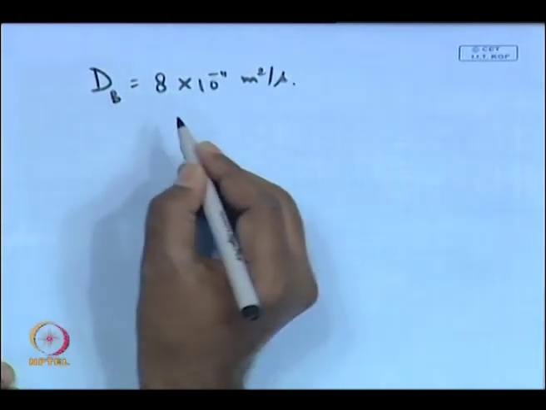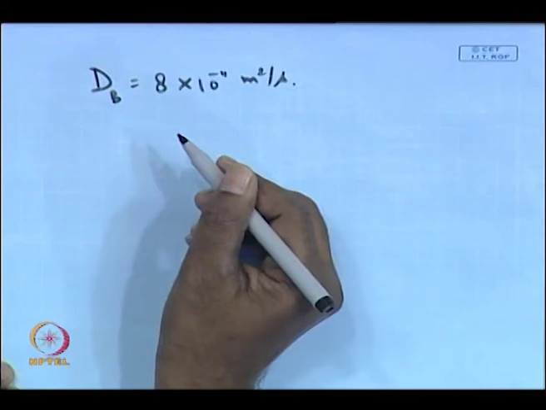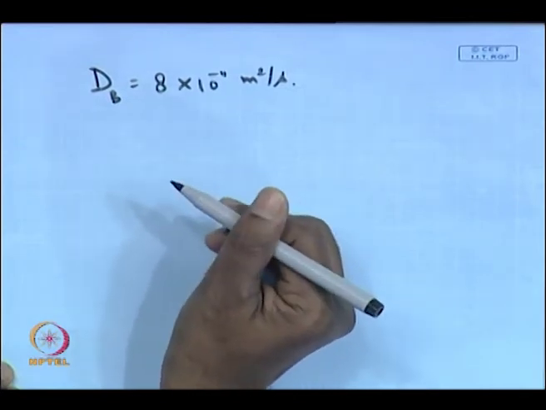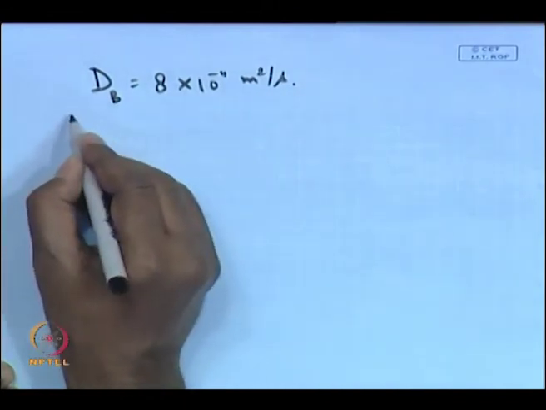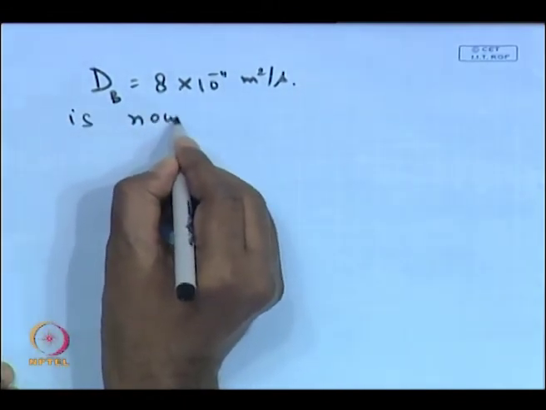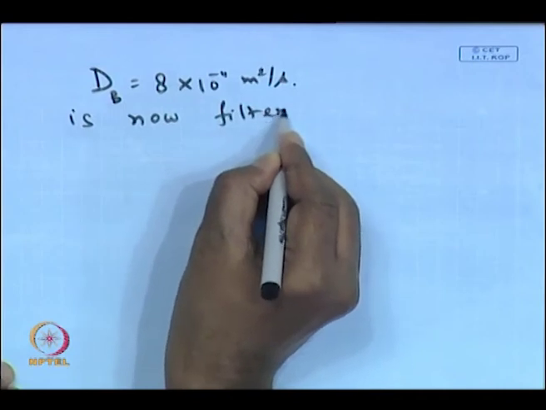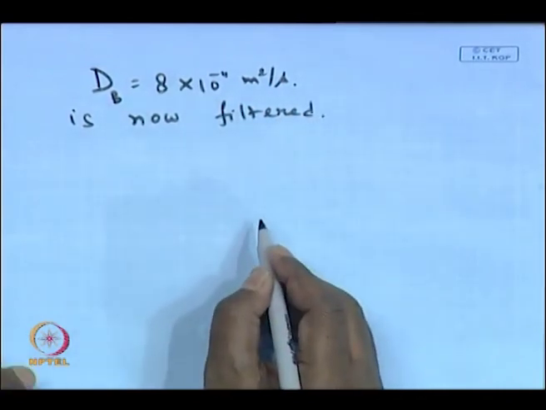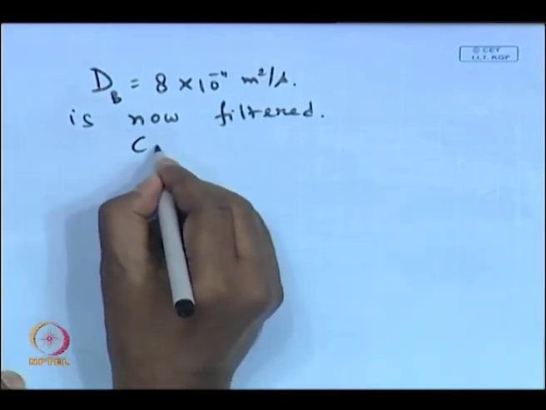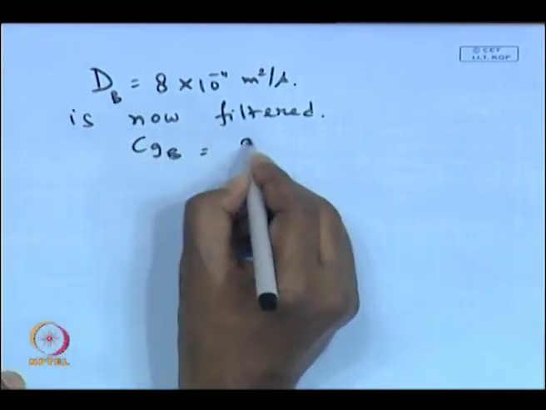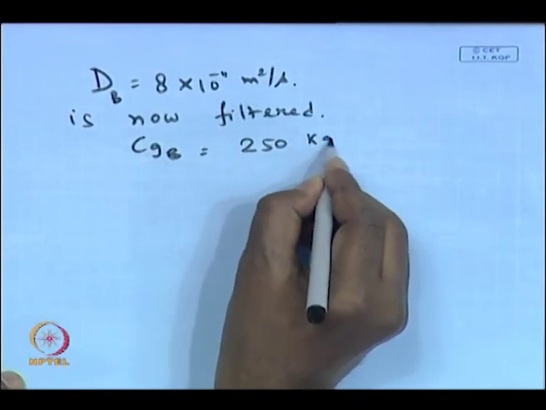So this is protein B, and using the same filtration cell, the protein B with these properties is now filtered in the same filtration cell. It also forms a gel, and the gel concentration of this particular protein is 250 kg per meter cube.